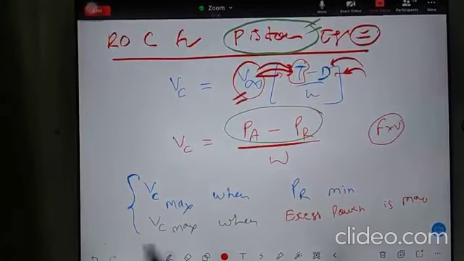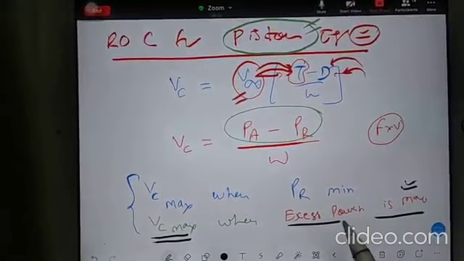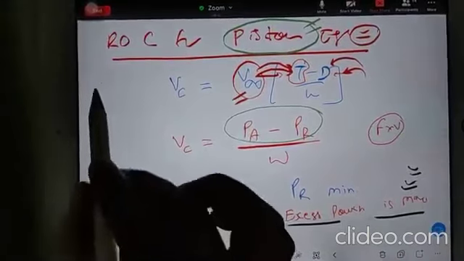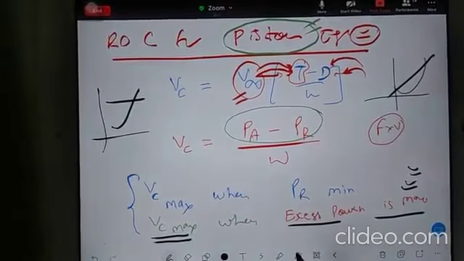Now you can easily guess why we use propeller engine at lower altitudes. It is very clear now. Because your ROC will be maximum when your excess power is maximum. And just now we saw, according to the graph, this is for propeller and this is for jet engine.